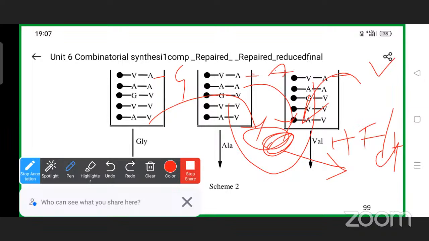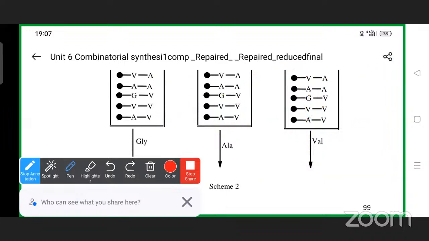Then the linkage between the product and your resin bead is going to cleave. So this linkage will cleave here, and then your product is obtained in pure form.